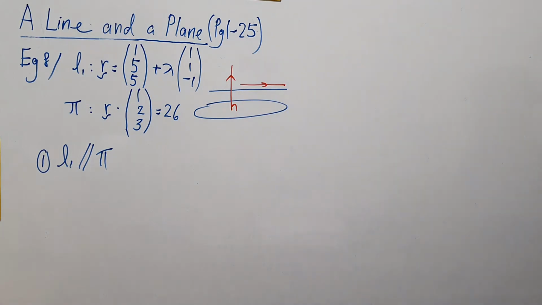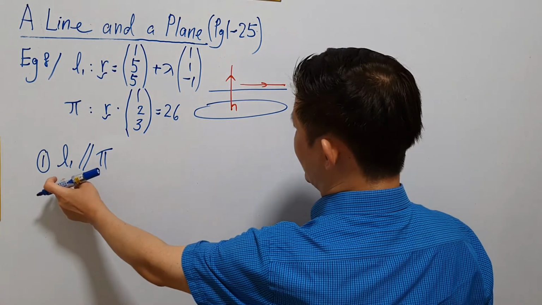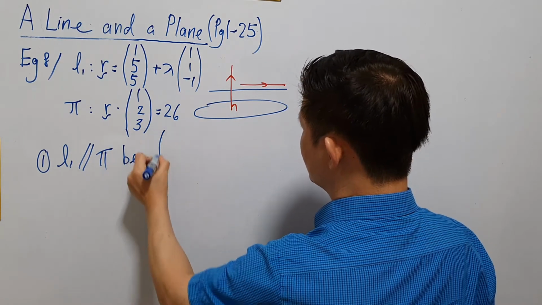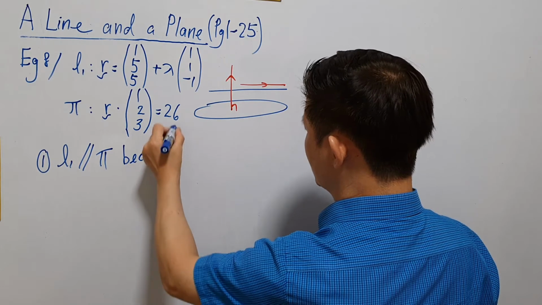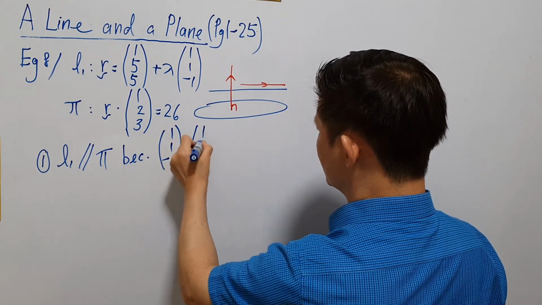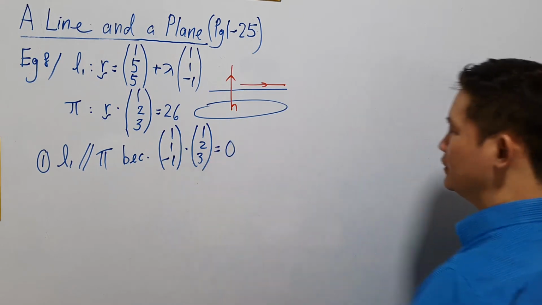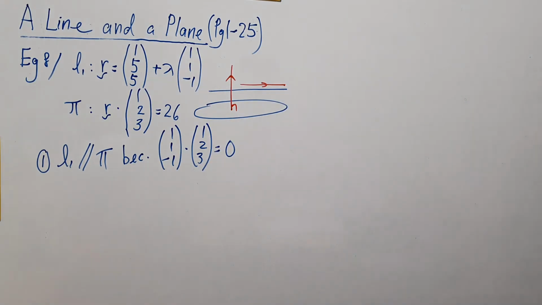These two vectors are perpendicular. So let's see again. In this case, line L1 is parallel to pi because this vector (1, 1, -1) dot with (1, 2, 3) indeed gives you 0. So therefore, I am sure that the line L1 is parallel to the plane.